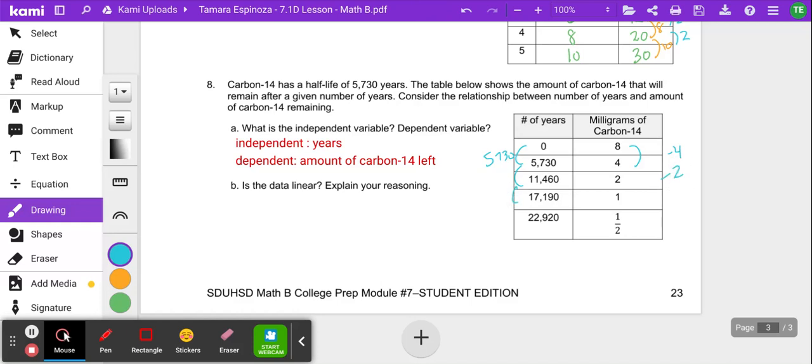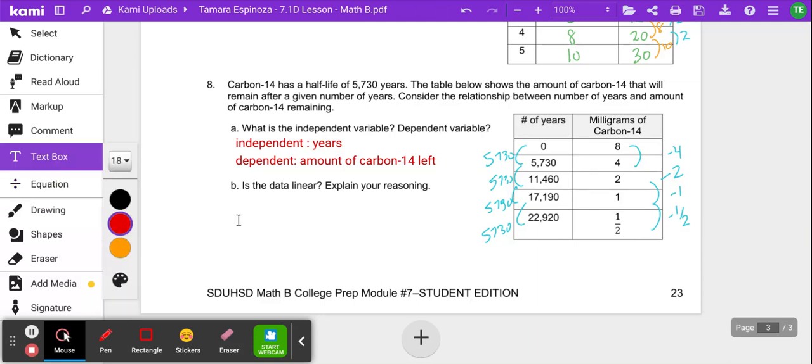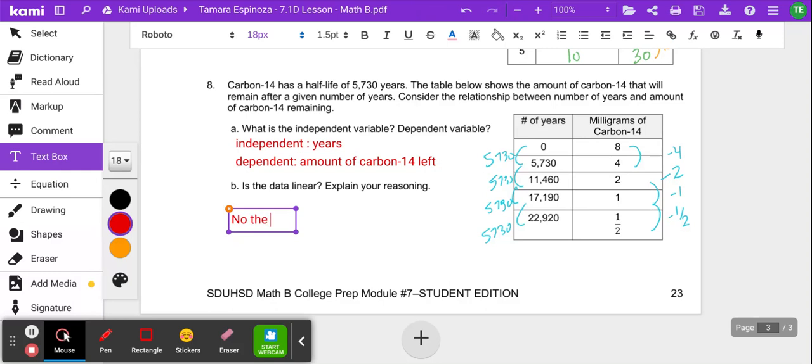Then we're going up by another 5,730, and this is going down by 1. Again, up by 5,730, this is going down by a half. So no, the first difference is not constant.